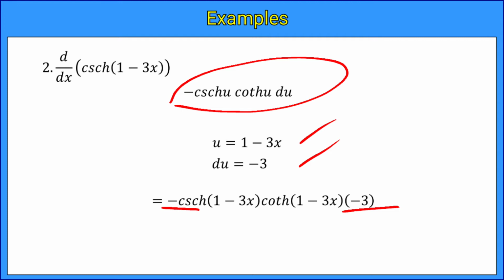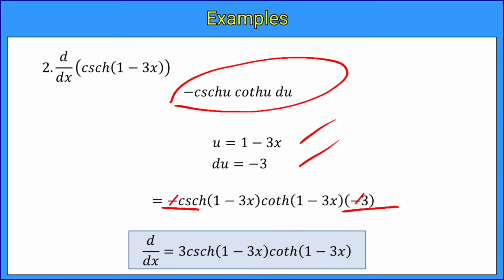Then we can move this 3 to the first part of our equation. So the derivative for the hyperbolic cosecant 1 minus 3x is 3 hyperbolic cosecant 1 minus 3x hyperbolic cotangent 1 minus 3x. This will be our final answer.